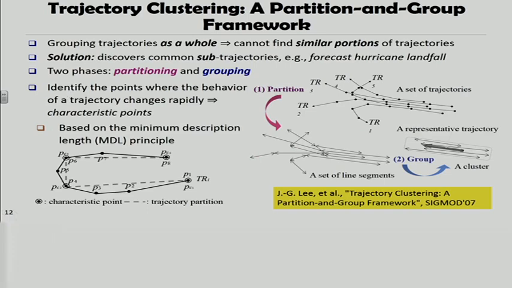Then there's another interesting study on trajectories called trajectory clustering, which uses another approach called partition and group, or you can say partition and regroup. The general philosophy is this.